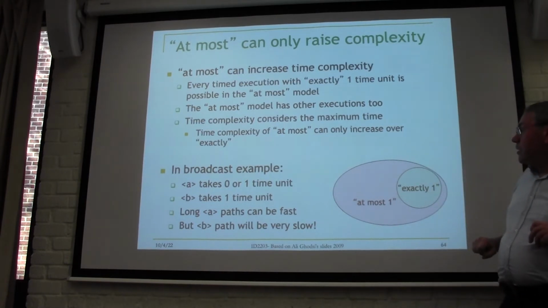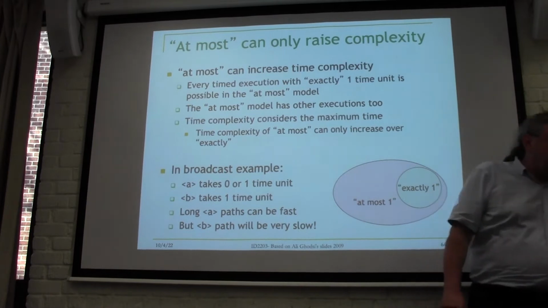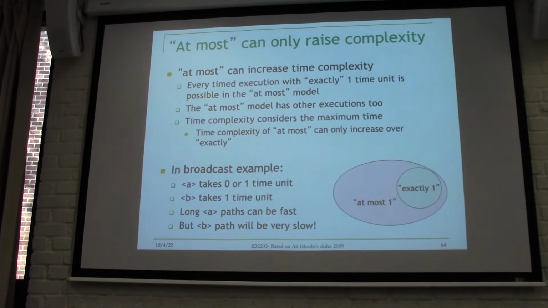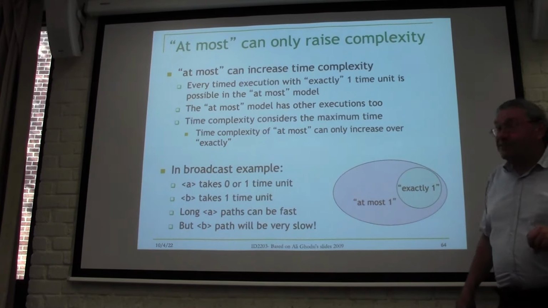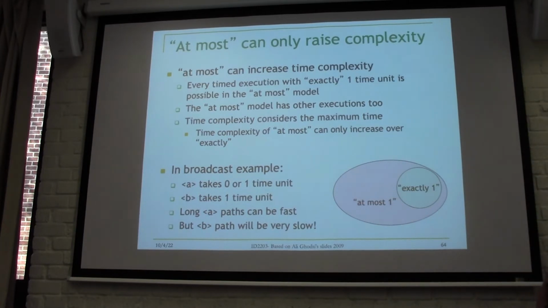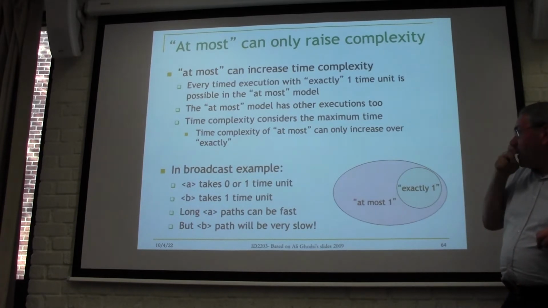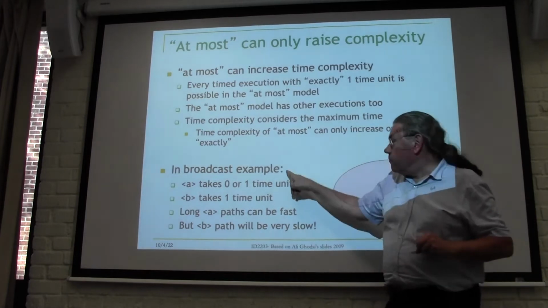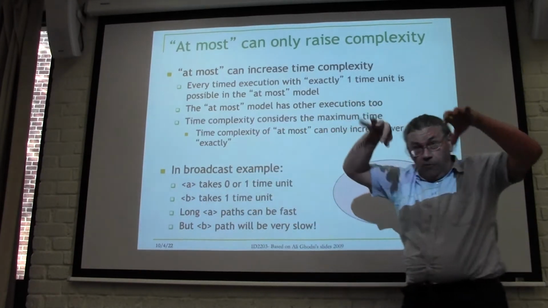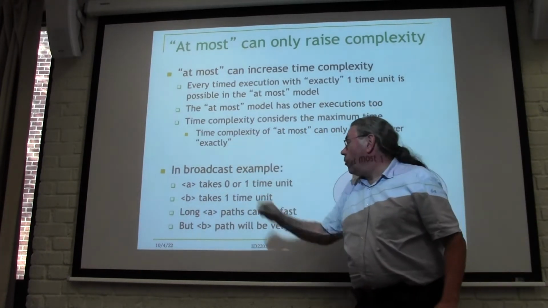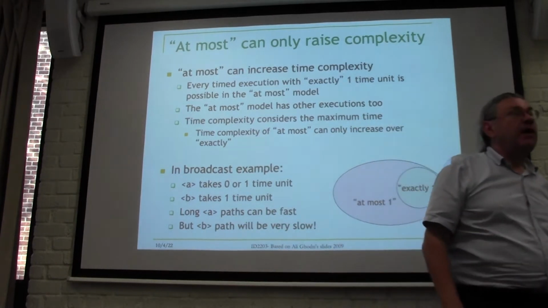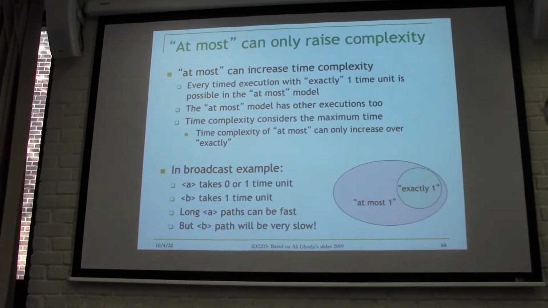And so the exercise for you, that I will not answer today, is to show me an example where the at most time complexity is strictly greater than the exactly one. And I will give you a hint. Assume now in our algorithm, the A messages, the ones going down, take 0 or 1. The B messages take 1. Now I'm going to give you a strong hint.